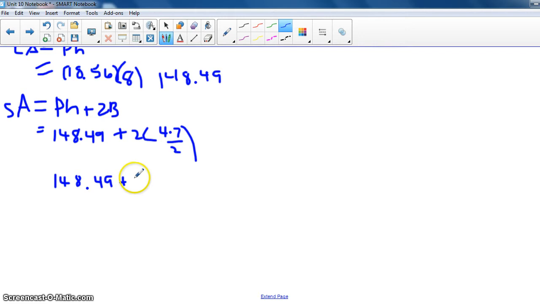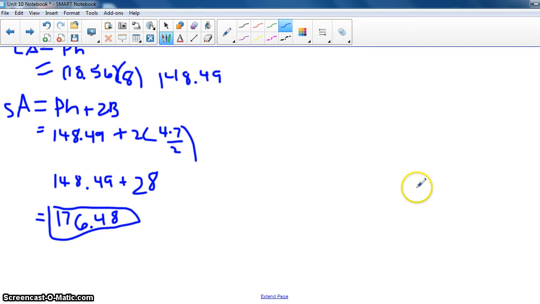The 2's will cancel, so plus 28 here. When I add those two together, I get 176.48. And that's going to be our total surface area.